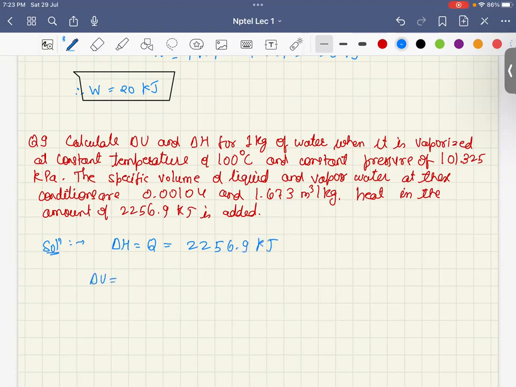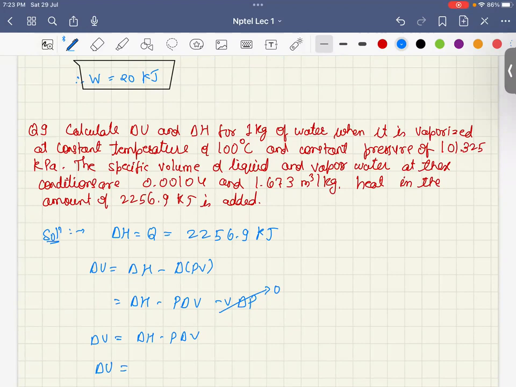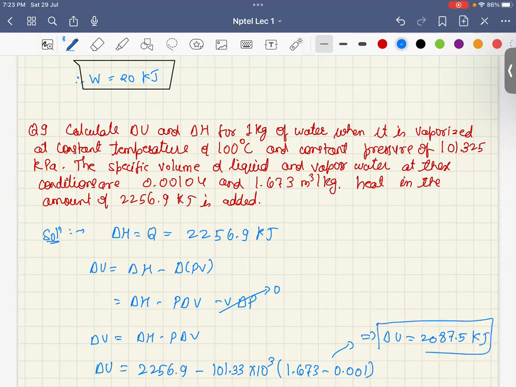And delta U is delta H minus delta PV, that is delta H minus P delta V minus V delta P. Pressure remains the same, so it's going to be delta H minus P delta V. When we put in the values, this is 2256.9 minus 101.33 multiplied by 10 to the power 3 times 1.673 minus 0.001, which gives delta U as 2087.5 kilojoule.